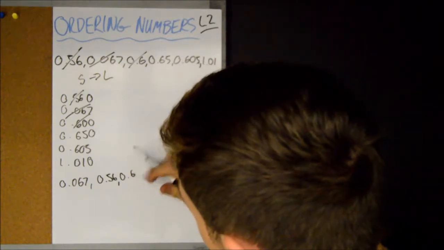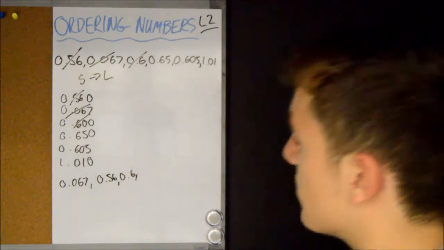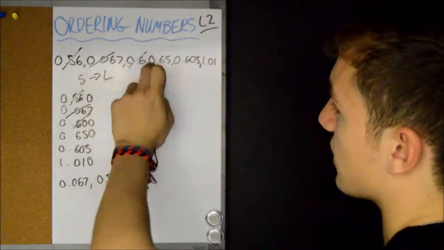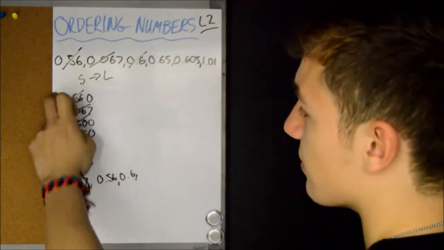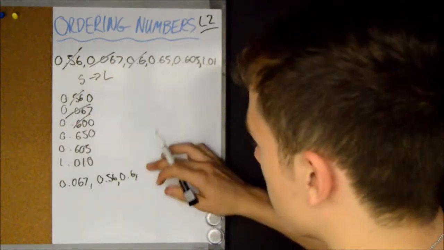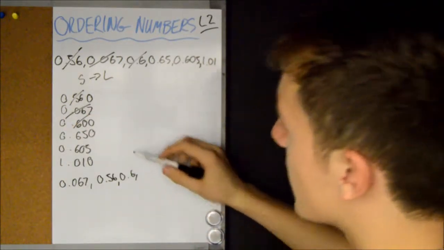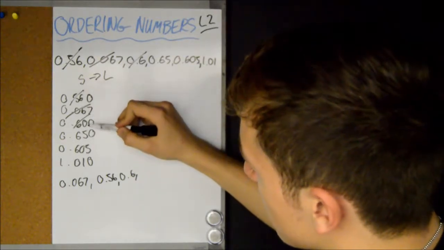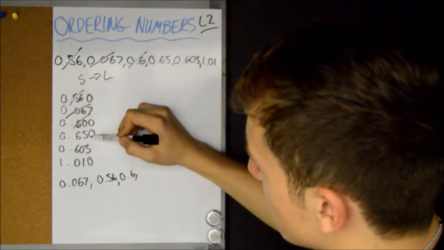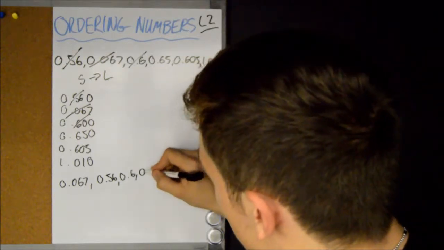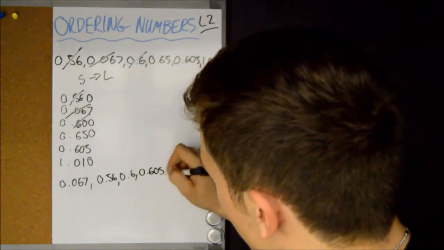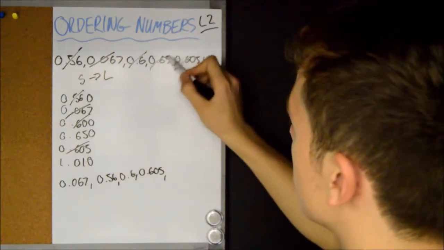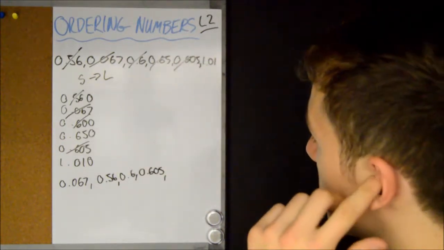Now don't get confused like I am already, teaching you to always copy from here, because these are your actual numbers and these are numbers where you've added a 0 on, so always remember that. Now we look for the same thing, left column, 6, same thing here, and we see that 605 is smaller than 650, so it must be 0.605, and we cross that out, and we cross these out because that's from before.